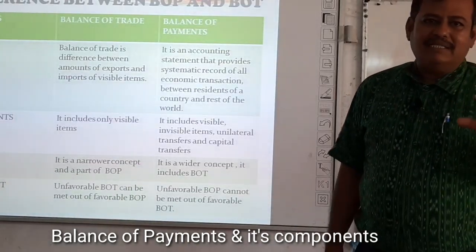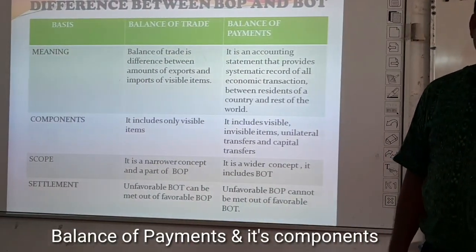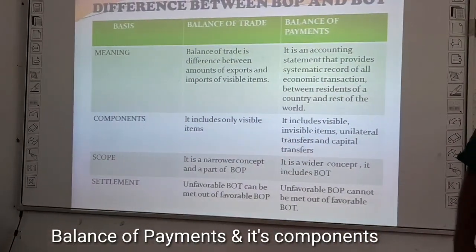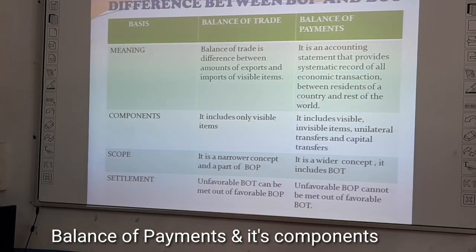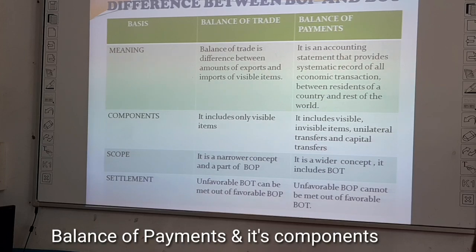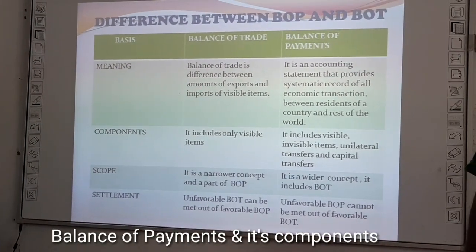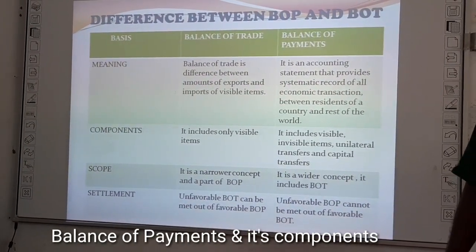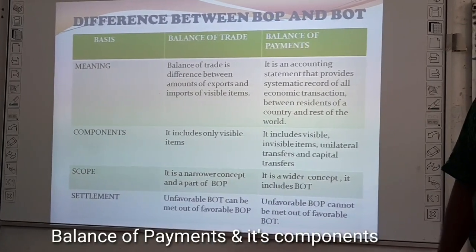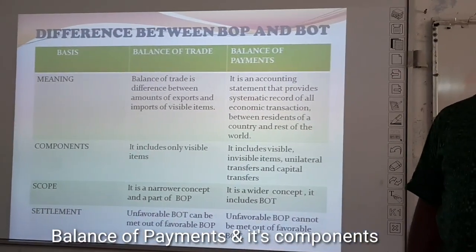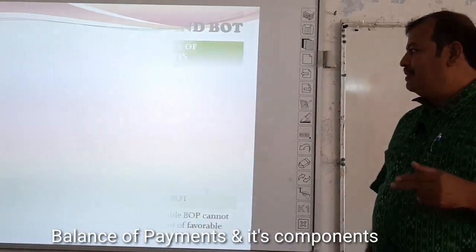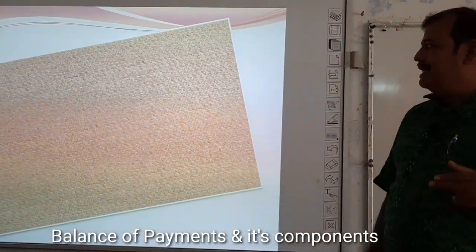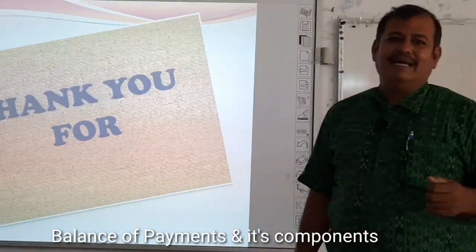Balance of trade is a narrow concept, balance of payment is a wider concept. Third, if there is a deficit in the balance of trade, that can be adjusted through the balance of payments, but if there is a disequilibrium in the balance of payment, that cannot be adjusted through the balance of trade. So this is all about the difference.